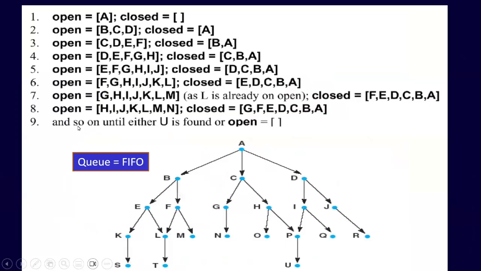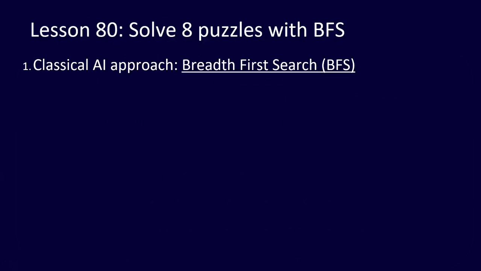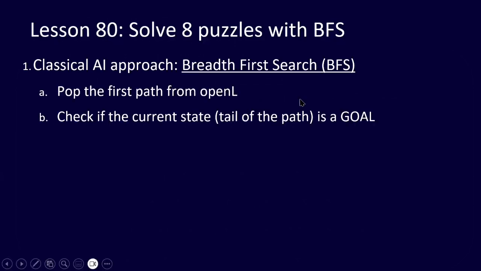The implementation, as I said, uses an open list, which is a task list to do next, and a closed list, a kind of done list, which contains the states that we have already checked and that are not the goal. So this is what we did last time.